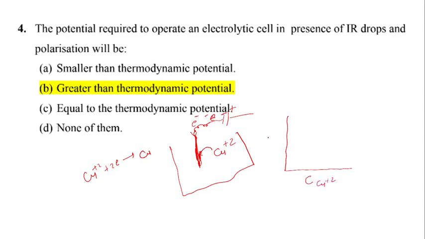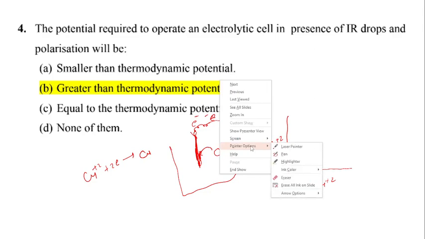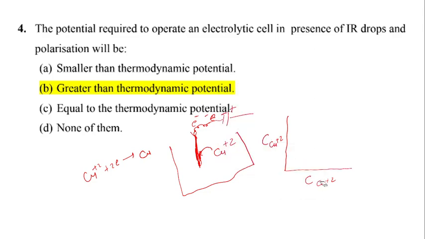Here is the concentration of copper 2+ ion, and this is the distance from the electrode.